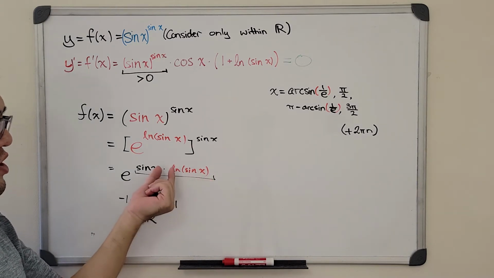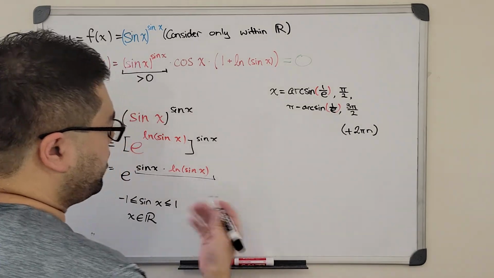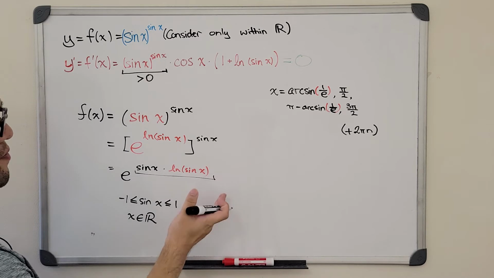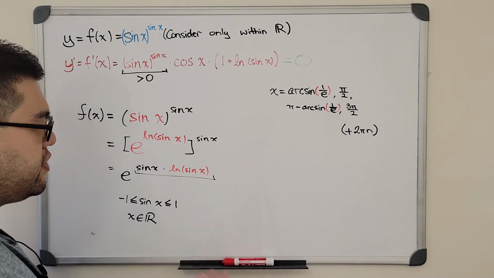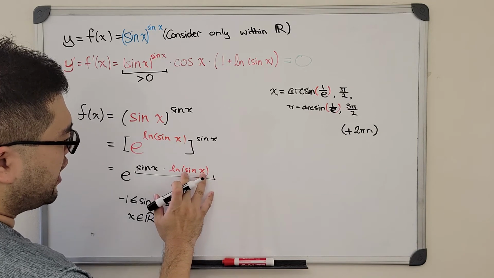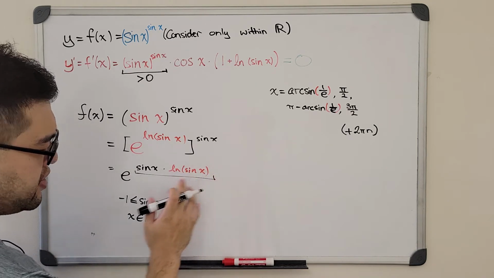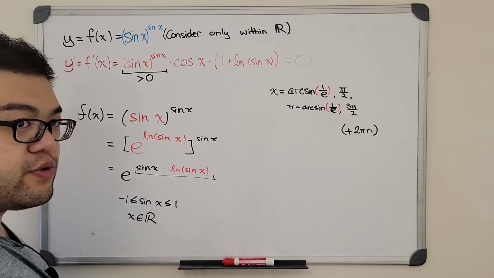Why? Because we know that in order to have some output or some values for the logarithmic functions, or even a natural log function here, we have to have the input inside the parentheses being positive. It cannot be equal to 0.